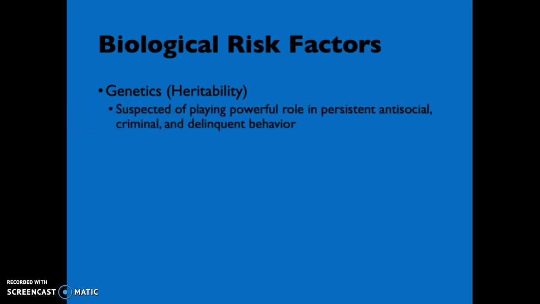We all have lots and lots of genes, and with the advent of more advanced science, we are able to see if there are particular genes that are perhaps partially responsible for antisocial or criminal or delinquent behavior.